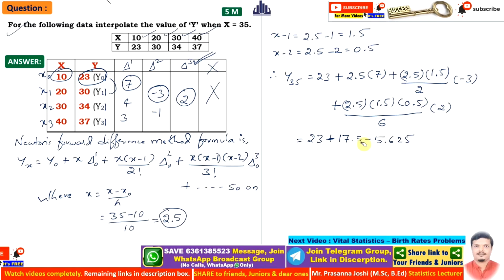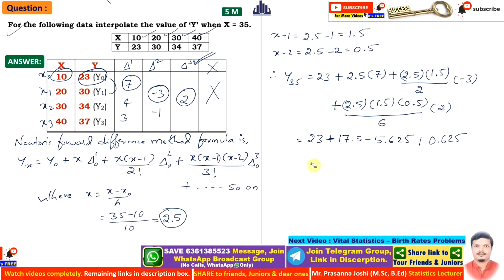Then further plus into plus, all values are plus only, that's why plus it becomes. So 2.5 into 1.5 into 0.5 into 2 and then divided by 6, when you perform you are going to get 0.625.